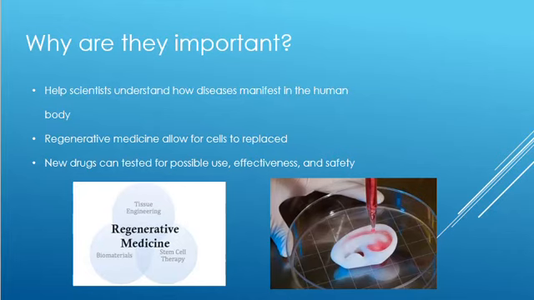So as we said before, transplants and stem cell therapy help patients who suffer from spinal cord injuries, Alzheimer's, Parkinson's, heart disease, cancer. And then it can help test new drugs for safety and effectiveness. So before drugs are used on people, researchers can use stem cells to test the drug before it even reaches human tests.